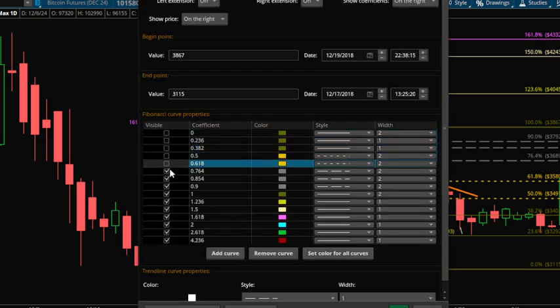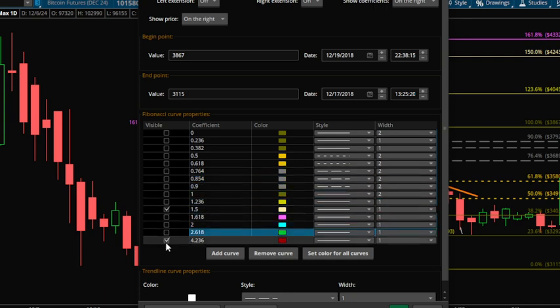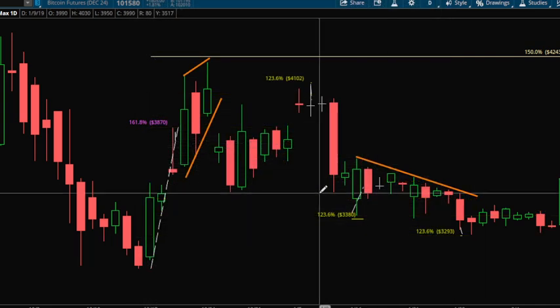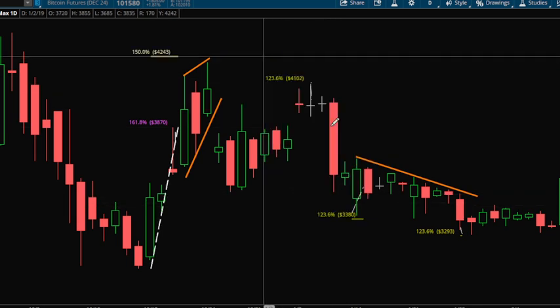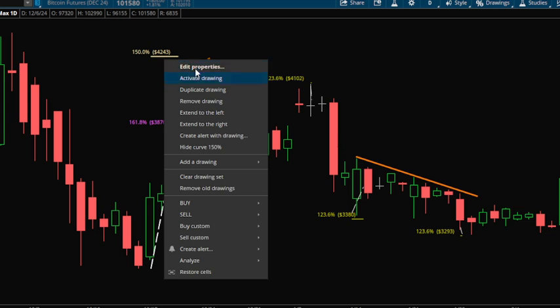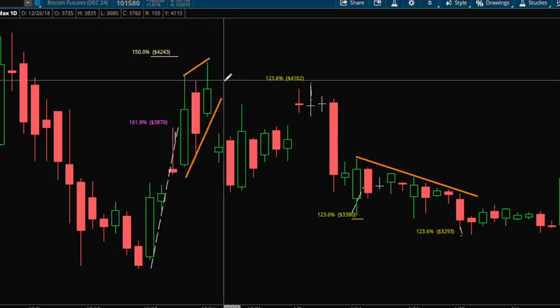Take out all the fibs that are not related. Cut off the extension. I'm just going to leave that there. That's pretty close.